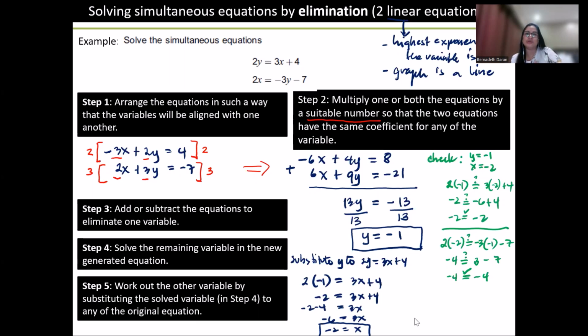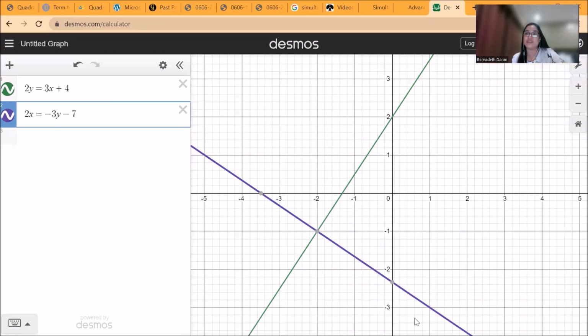And if you also notice, the point of intersection is unique. There is no other point of intersection for the two lines. It is only one point. So it means we only have one solution. We have one unique solution for these two linear equations.